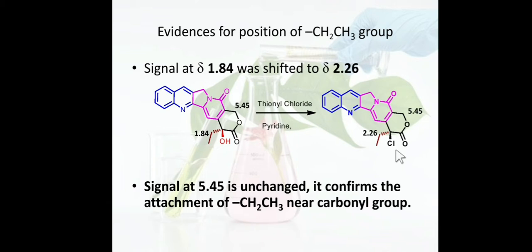Once we converted it to Cl, there was a change in chemical shift: a proton at 1.84 shifted to 2.26. That means this OH is very near to this CH2 group, and hence it affects its chemical shift. This is how the chemical structure and the H1 NMR help us in the identification of structure.